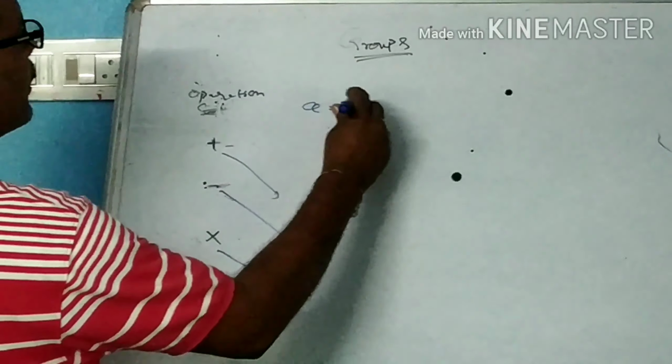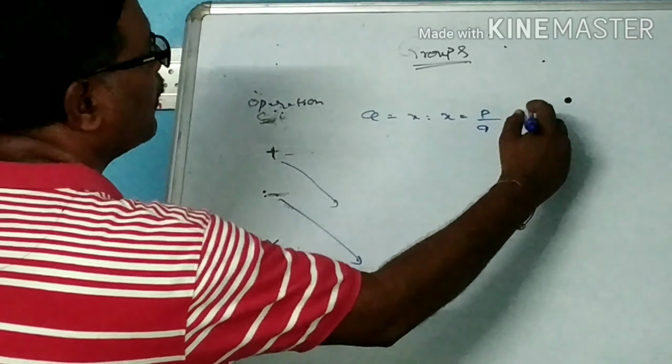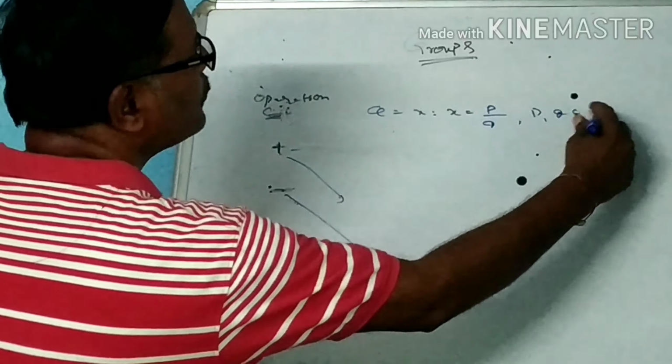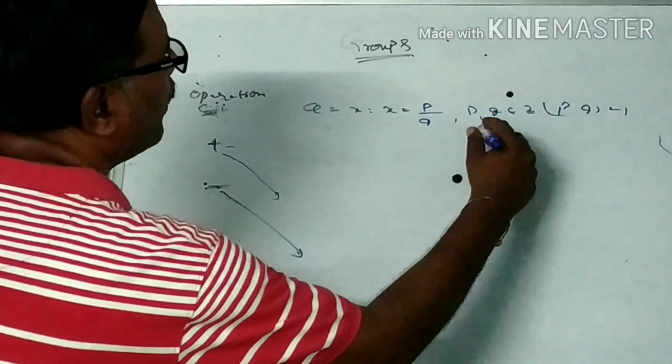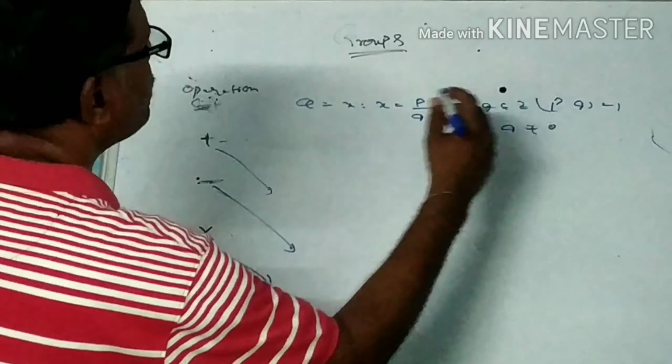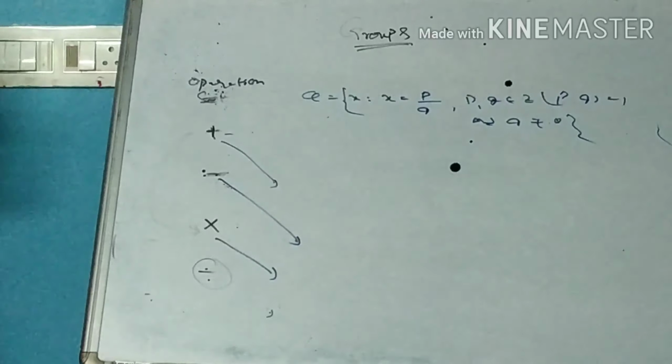We know that x such that x is equal to p by q, where p, q belongs to Z, GCD of p, q is equal to 1, and q not equal to 0.